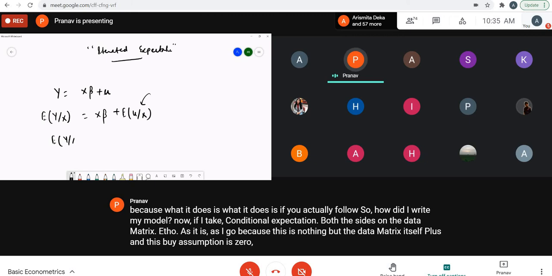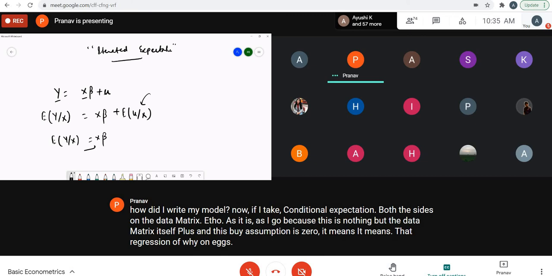It means that the regression of y on x is nothing but the conditional mean of y given x.